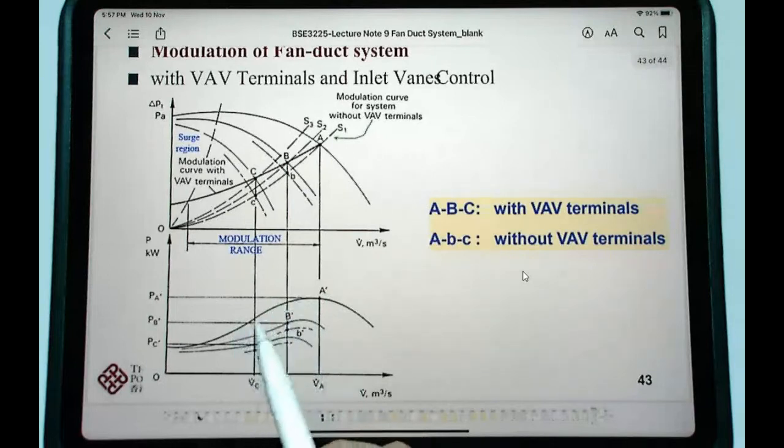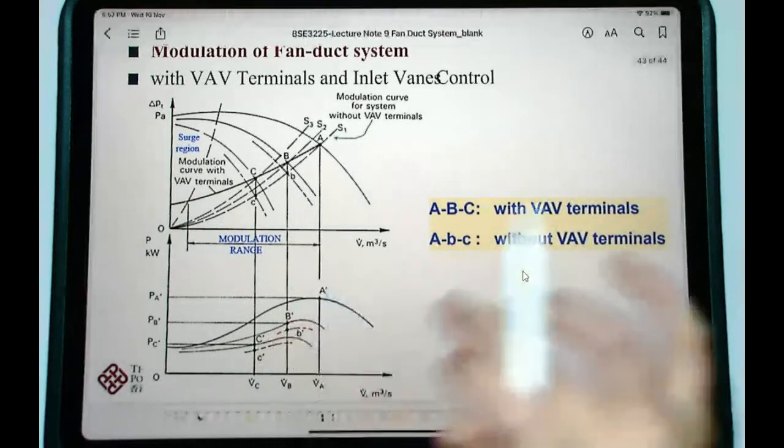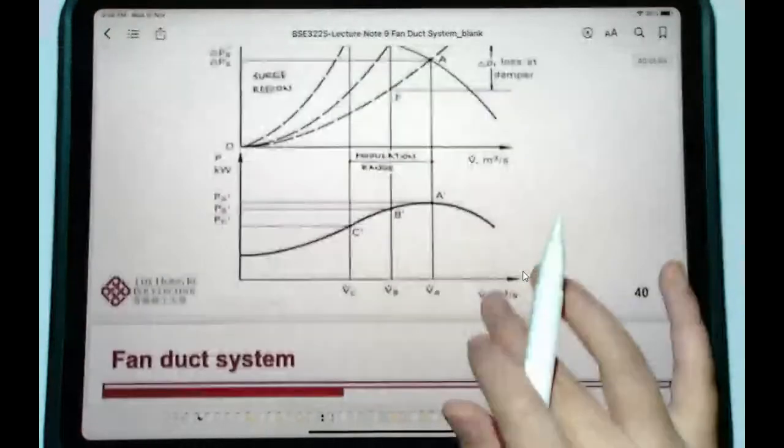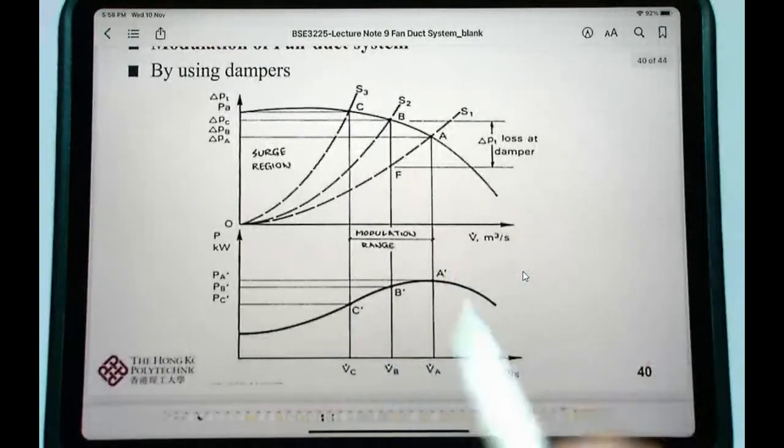So we have the first, the second, and the third here corresponding to A to B to C. And this figure is similar to the figure here.